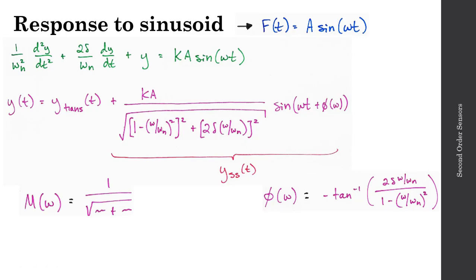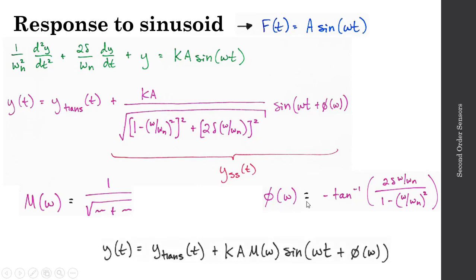Let's rewrite this equation then as the following. y of t will be equal to the transient component of my time response, plus k times A, where k is that static sensitivity and A is the amplitude of my forcing function, the amplitude of my input, f of t, multiplied by the magnitude ratio of my system, M of omega, all times sine of omega t plus phi, so sine of omega t plus the phase component of my response.